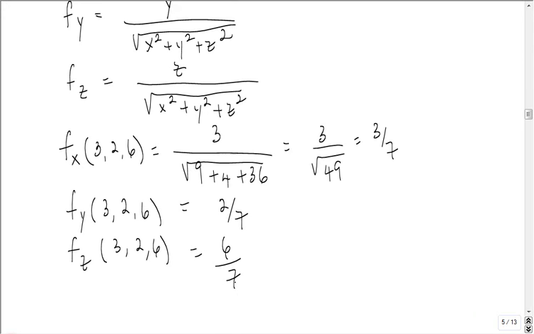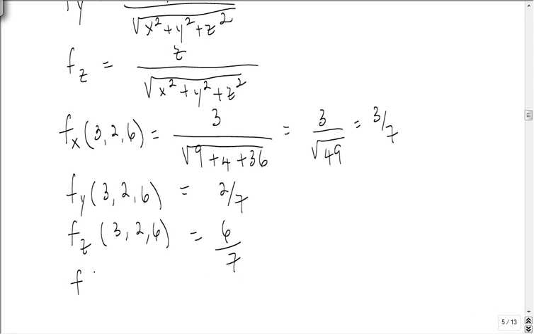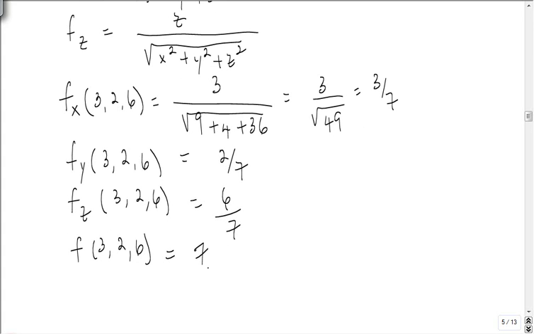The next thing we need is the value of f at the point (3, 2, 6). So what is it again? It's the square root of the sum of the squares, right? So it's just 7. So now we're writing the linearization, because it is an approximation. Okay, let me not confuse you.